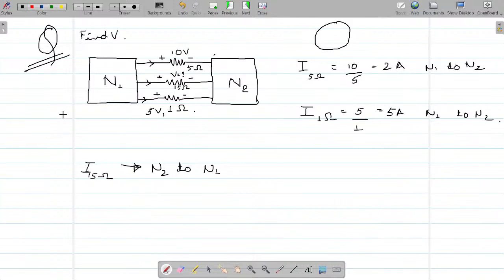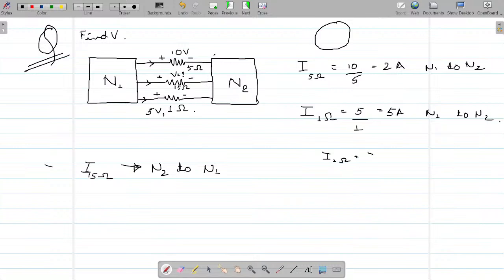There cannot be two branches taking current and no branch taking it away. So the current in the 15 ohm branch would be from N2 to N1. One point is clear, right? Now what will be this current? If 2 flows from here, 5 flows from here, so effectively what?